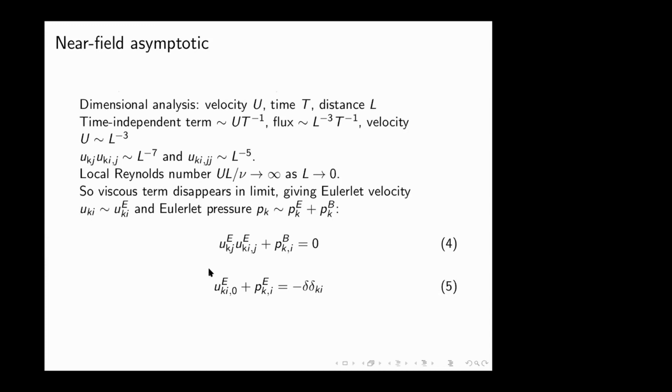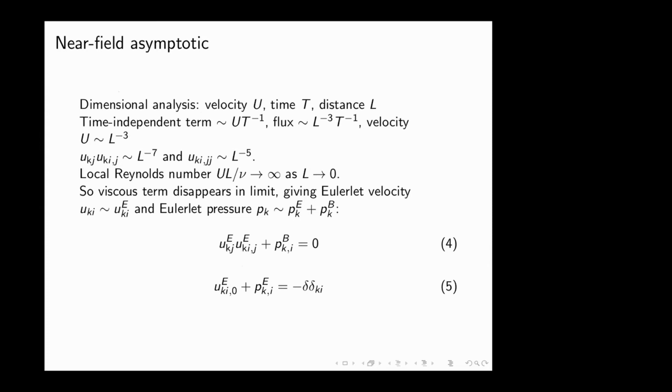So I've got this split here, and then in order to solve the problem, one is related to the Kronecker delta. So equation 5 is related to the delta function, the Kronecker delta term, and then equation 4 must balance exactly, which it will do if PB is the Bernoulli pressure.